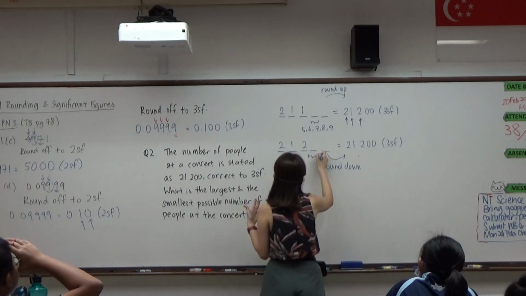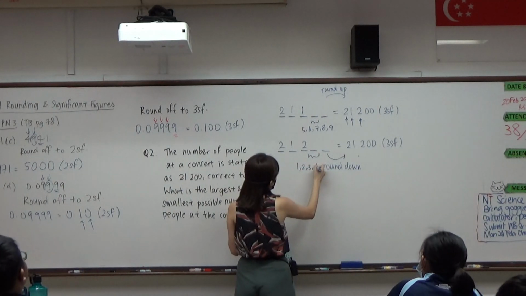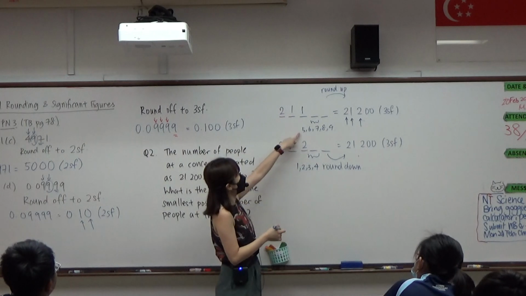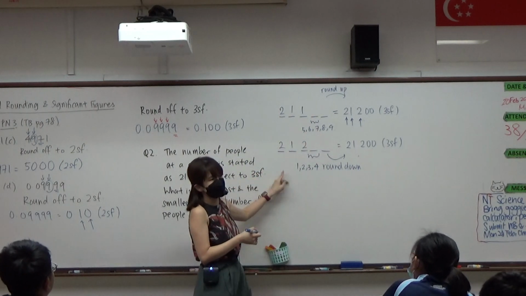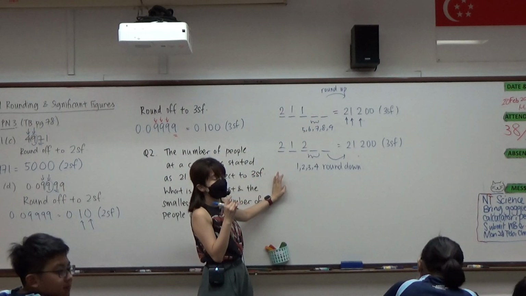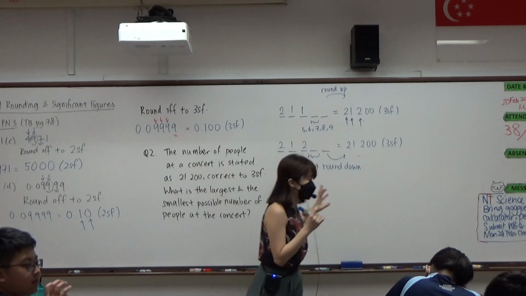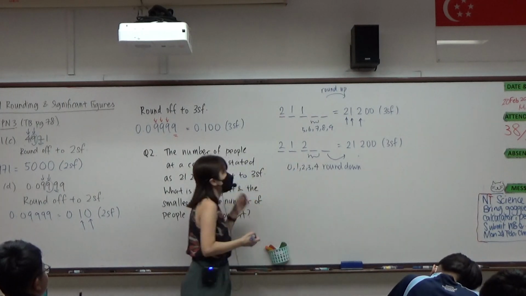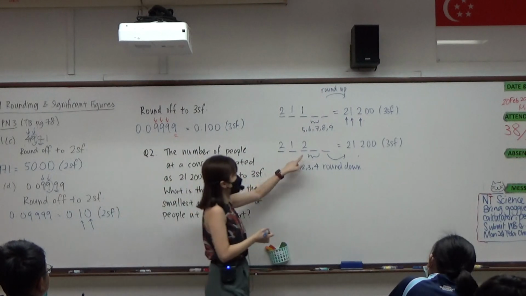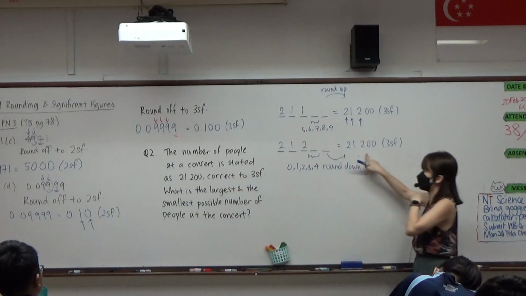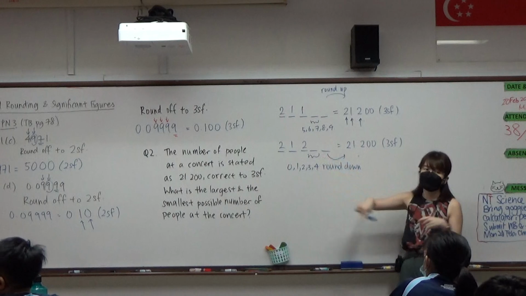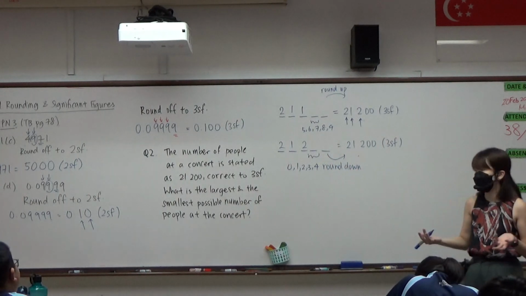Let me write down what you have given me now. 1, 2, 3, 4, 5, 7, 8, 9 is over here already. One more digit. Say again? 0, yes. So 0, 1, 2, 3, 4 will cause my 2 to be rounded down to get this one. The last spacing likewise can be any digit, it doesn't quite matter.